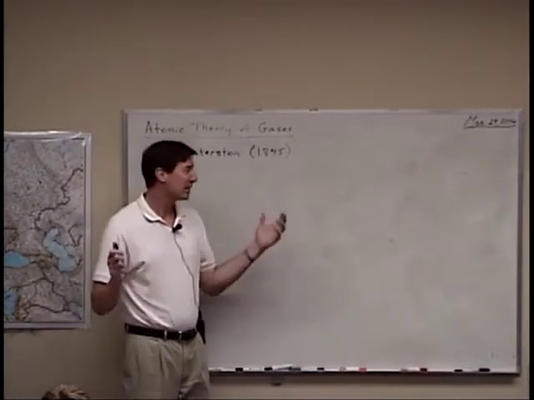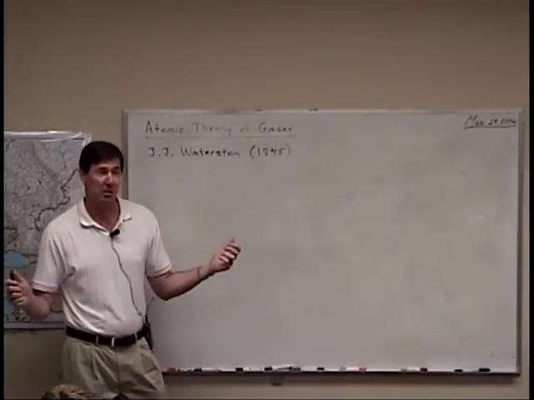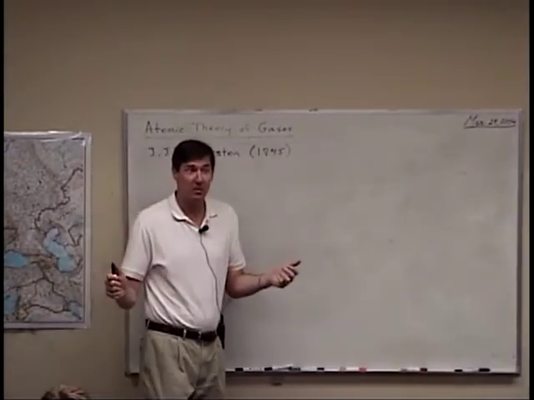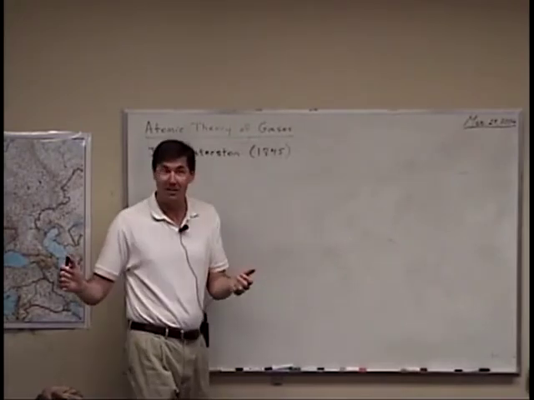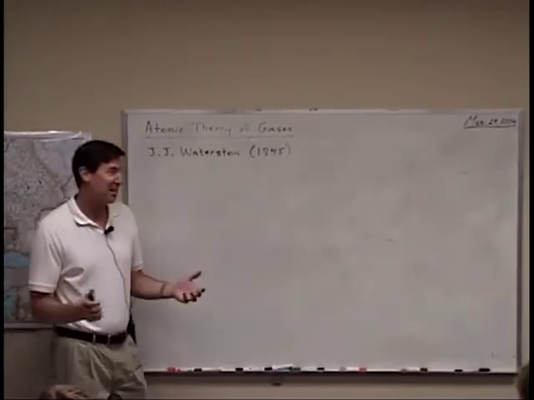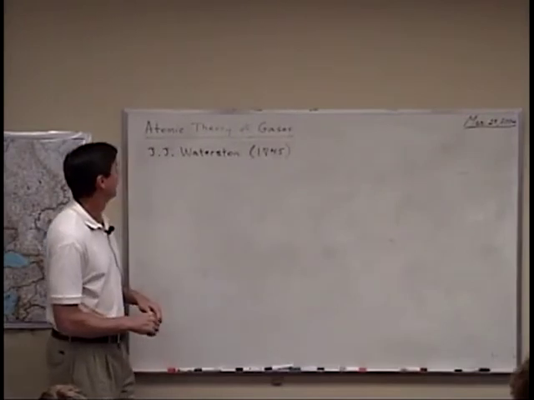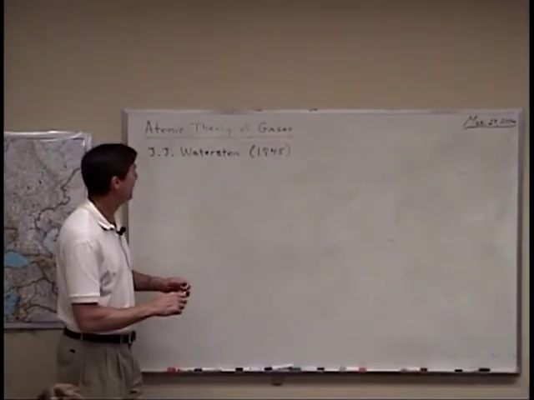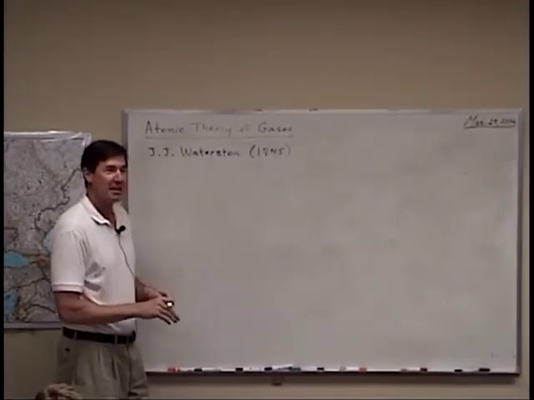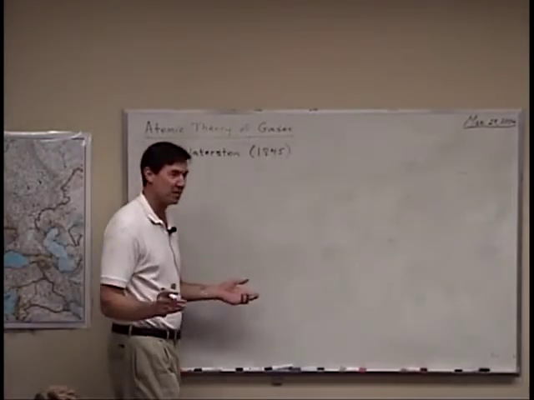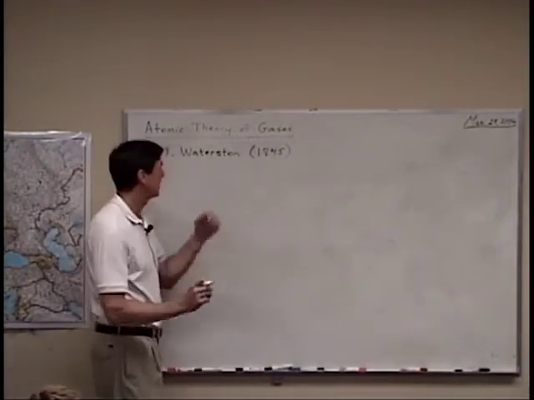But he says, well, let's say atoms are perfect superballs. And of course, there's no air resistance. They are the air. So he's going to assume they never lose their velocity. They just keep bouncing around.